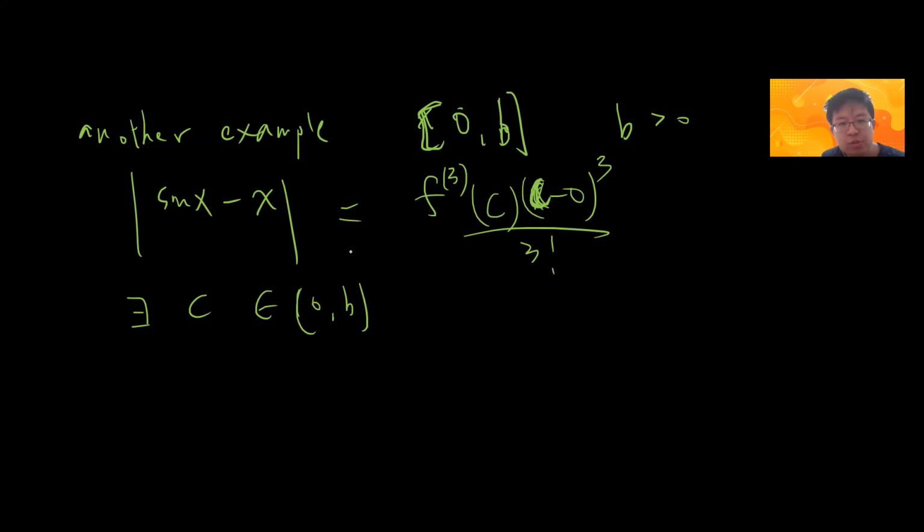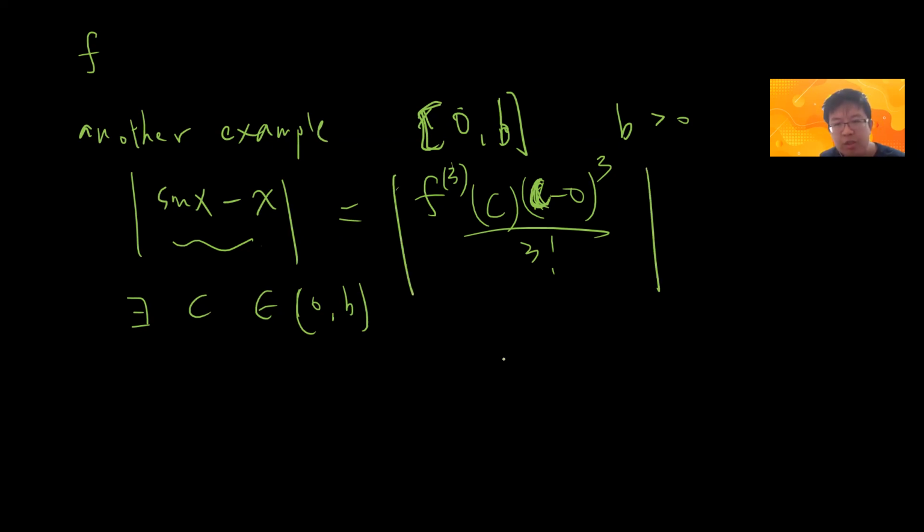Remember, this is the formula that we just used. If you write the second-order Taylor expansion, you still get x. You can view this as the second Taylor expansion and try to find the error term, which is bounded by the third derivative.